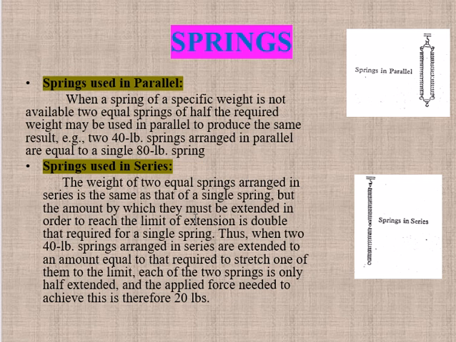But in the case of springs arranged in series, the weight of the two equal springs is the same as that of a single spring, but the amount by which they must be extended in order to reach the limit is double that required for a single spring. So when two 40 lb springs are arranged in series, they are only extended halfway, and the applied force needed is therefore 20 lbs.